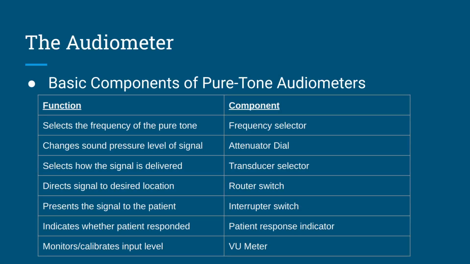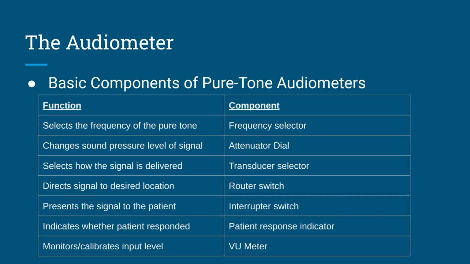Basic components of pure tone audiometers. You can use the frequency selector to select the frequency of the pure tone. You can use the attenuator dial to change the sound pressure level of the signal. You can use the transducer selector to select how the signal is delivered. Are you delivering it to the sound field? Are you delivering it to the insert earphones?